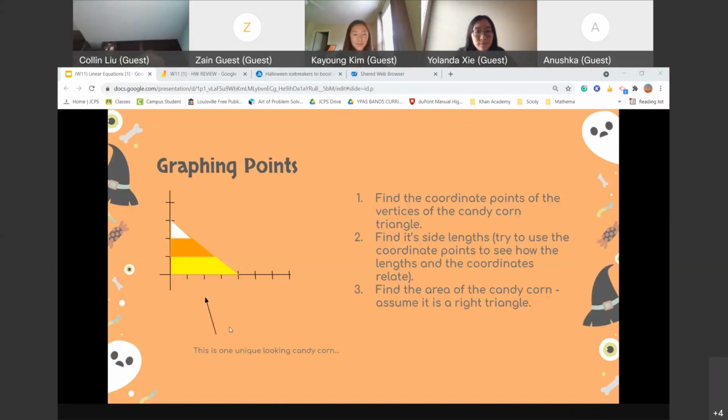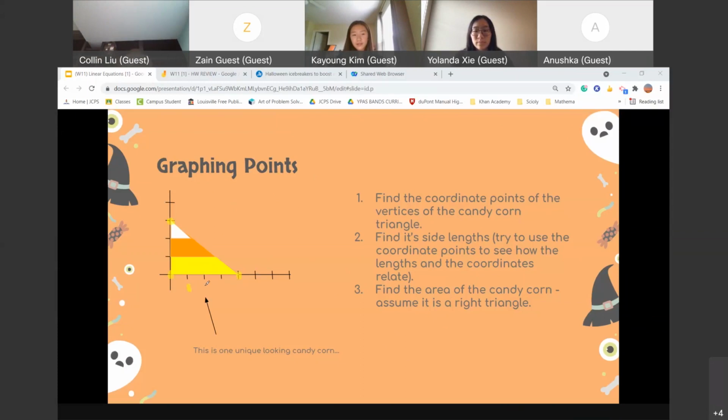So this is a very unique looking slanted candy corn that's in the shape of a right triangle. We're gonna do a little practice. You're gonna find the coordinate points of the vertices, which are the edge points, the pointy ones. And you're gonna find the side lengths and find the area of the candy corn, assuming it's a right angle.